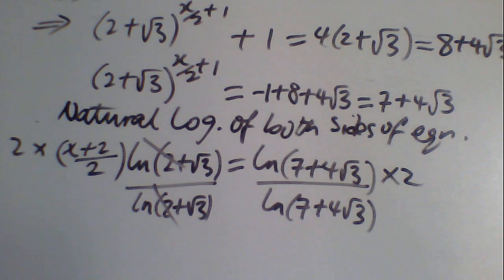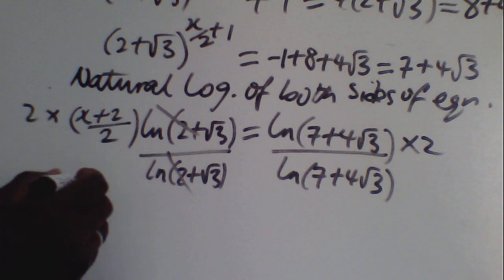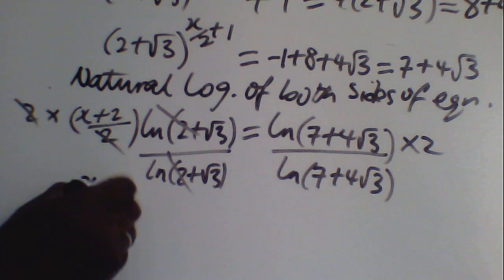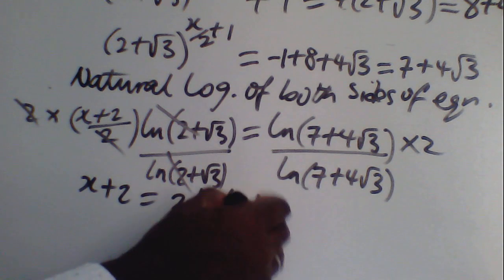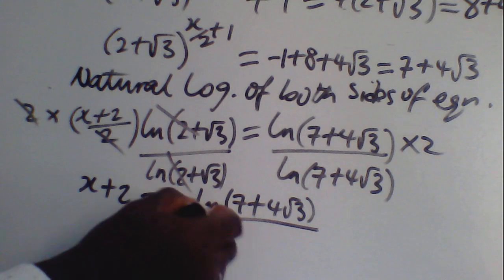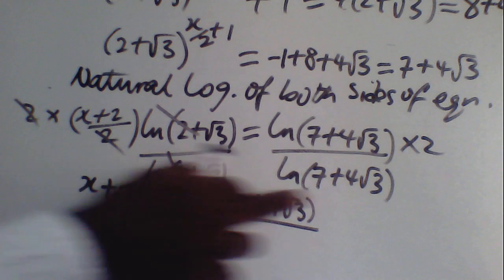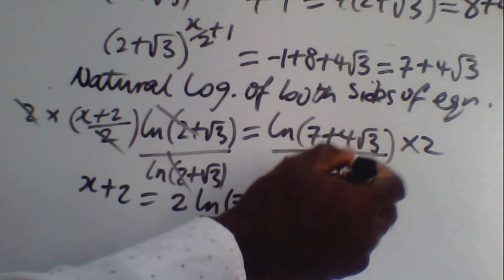So multiply both sides of the equation by 2. If you multiply both sides of the equation by 2, we have what? We have, so that we clear the fraction, x plus 2 is equal to 2 ln(7 + 4√3) divided by ln(2 + √3). We are dividing by, this is 2 and here is 4, sorry.